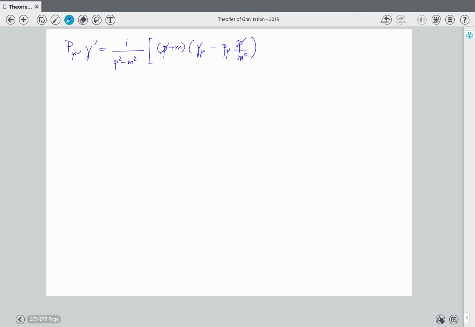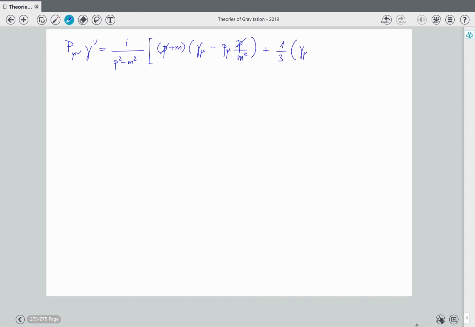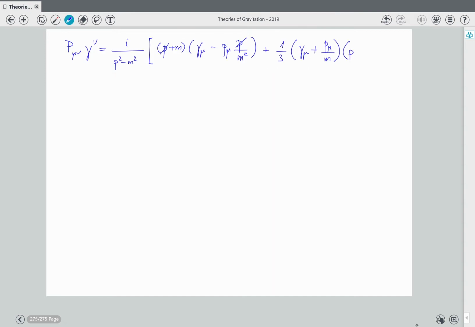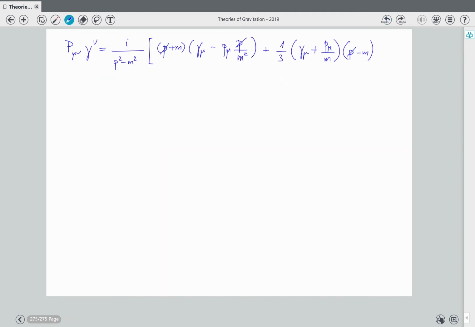That's not something we can drop. We have to keep it. Then plus, let's copy the rest, 1/3 (gamma mu plus p mu divided by m) times (p slash minus m) times, if we contract with gamma, we get 4 plus p slash divided by m. Gamma nu gamma nu is equal to 4.